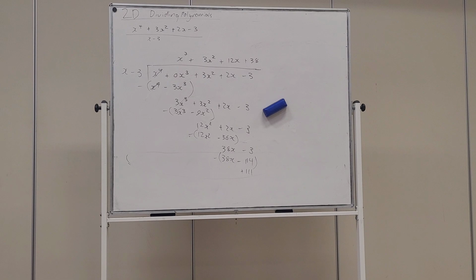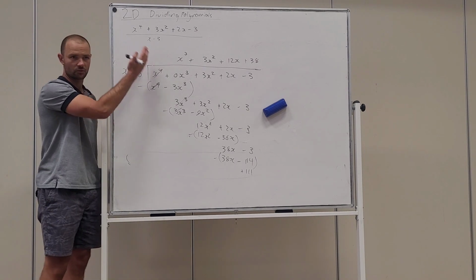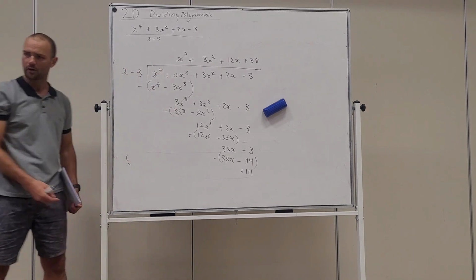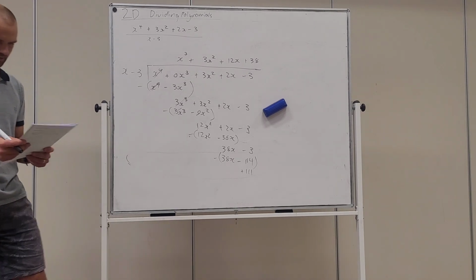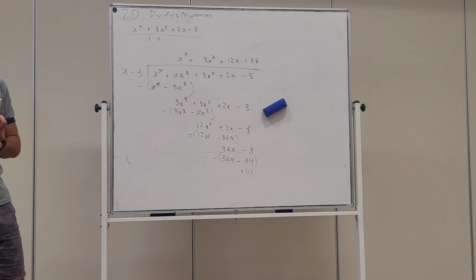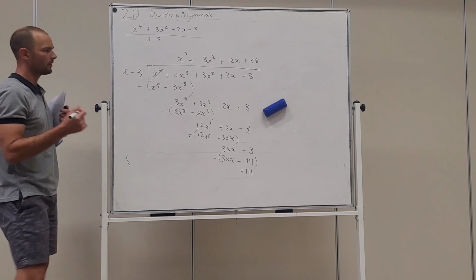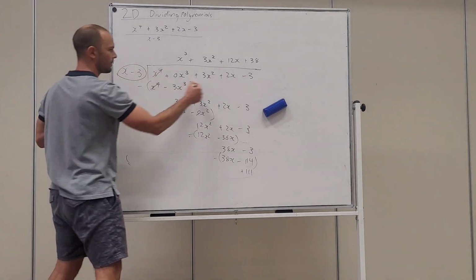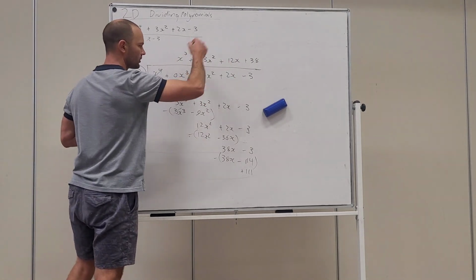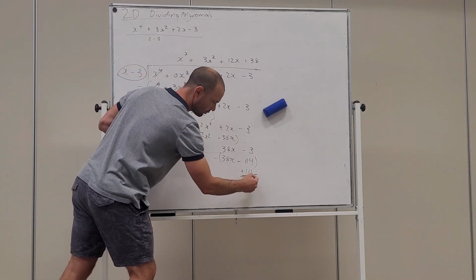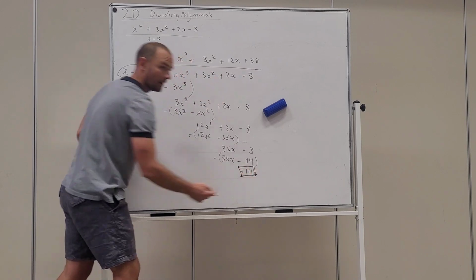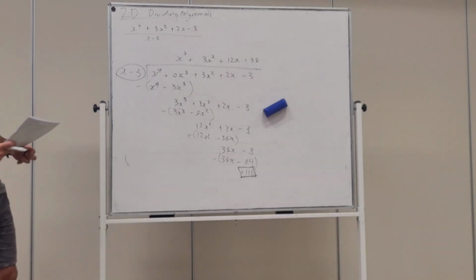Okay, so once you've got the process, it's just rinse and repeat the whole way through. But then we've got to answer the question. It says, state it in the form P of x equals Q of x times D of x plus R. So we've got to identify, this is our divisor, this is our polynomial, this is our quotient, and our remainder is whatever's left over down the bottom here, 111. Okay, so let's make that statement.